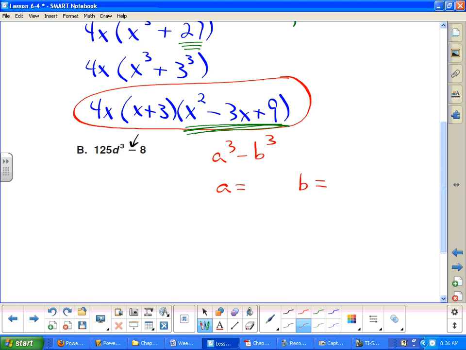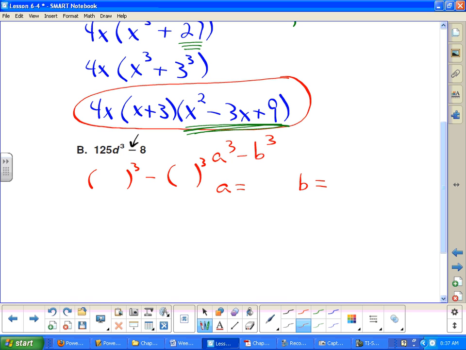So what's being cubed here and here? What's cubed to make 125d to the third power? What cubed is 125? 5. And what cubed makes d to the third power? d.